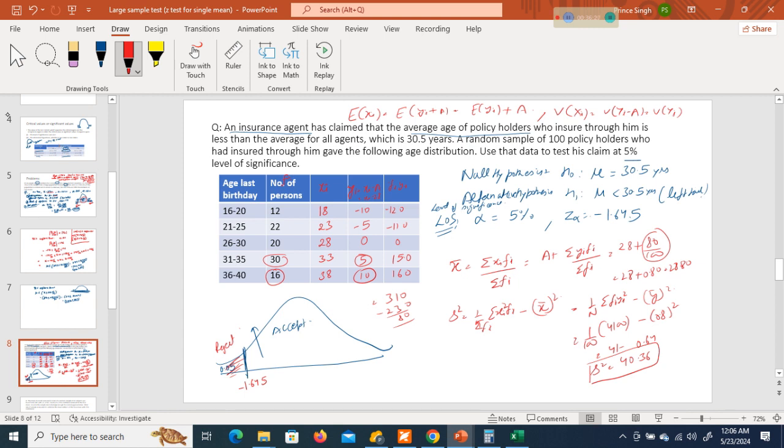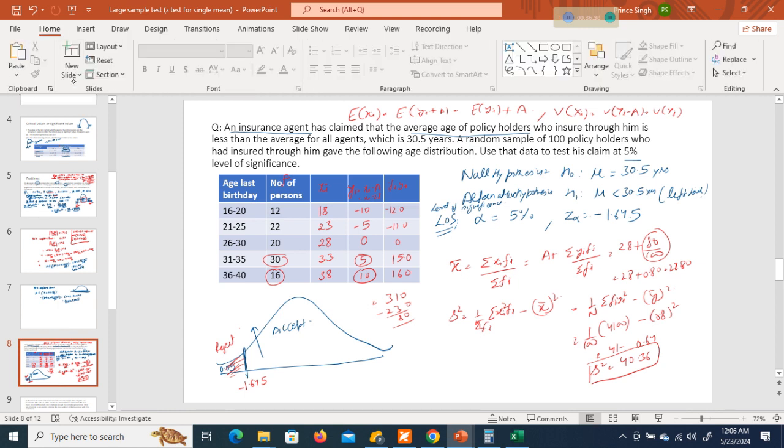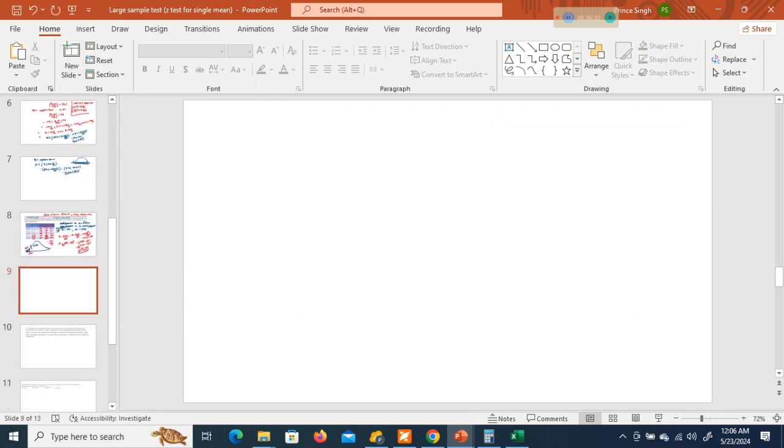So what is the test statistic here? We are going to calculate the test statistic z, which is equal to x bar minus mu divided by s upon square root of n.